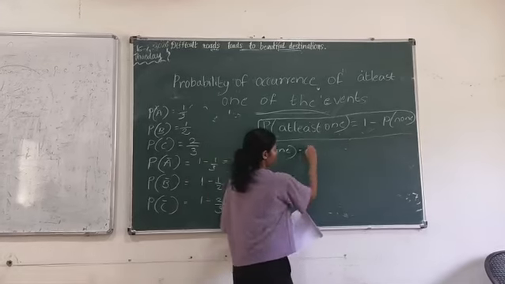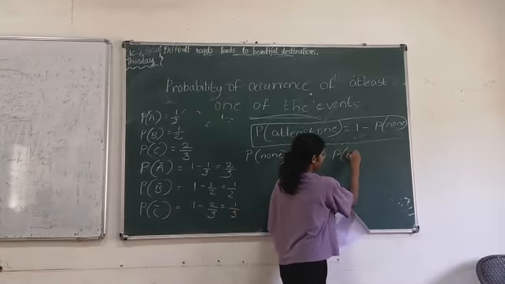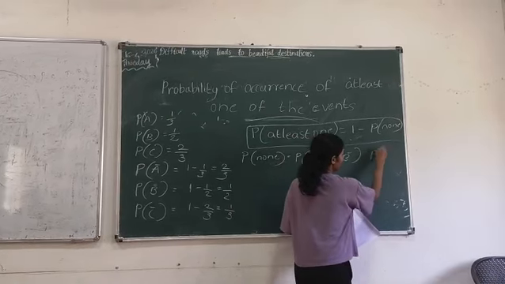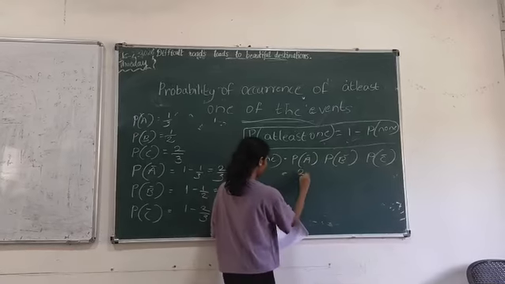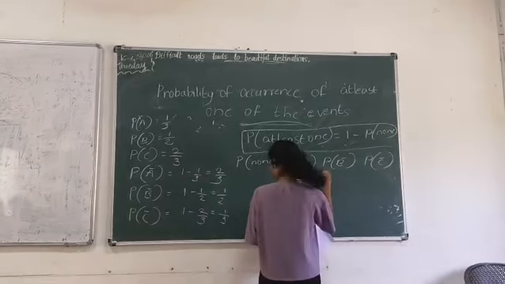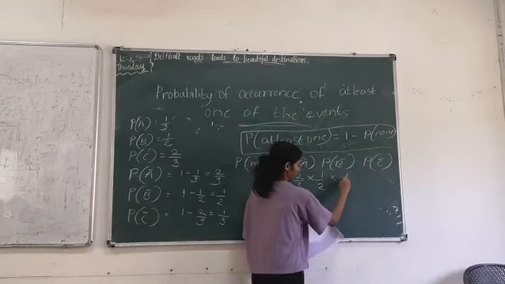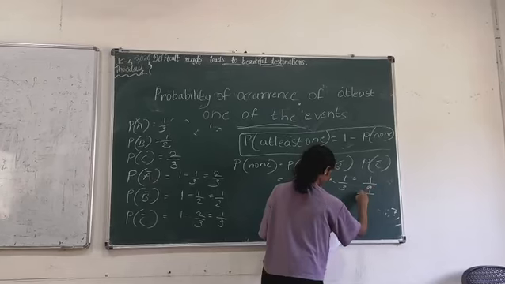So to fail in all 3 interviews, that is P of none, equal to P of A dash into P of B dash into P of C dash. That will be equal to 2 by 3 into 1 by 2 into 1 by 3. That is 1 by 9.